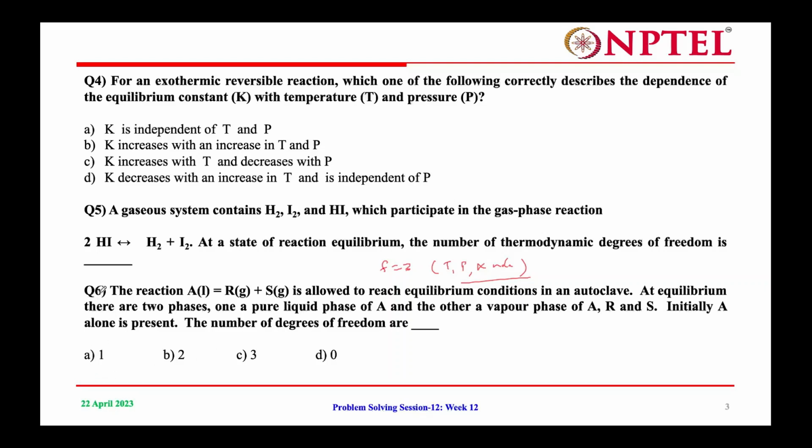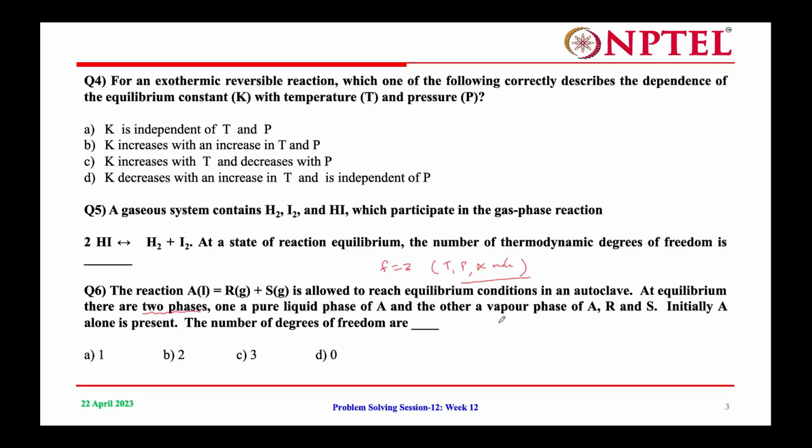Question number 6 is similar to question 5. The reaction A gives R plus H is allowed to reach equilibrium. At equilibrium, there are two phases: one pure liquid phase of A and another vapor phase of A, R and H. Initially, A alone is present.